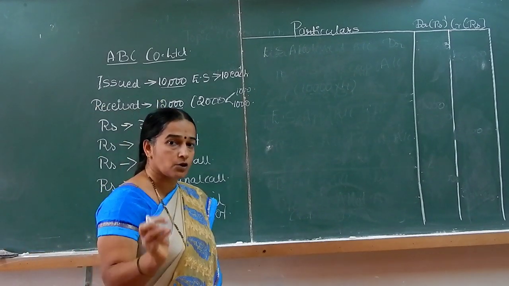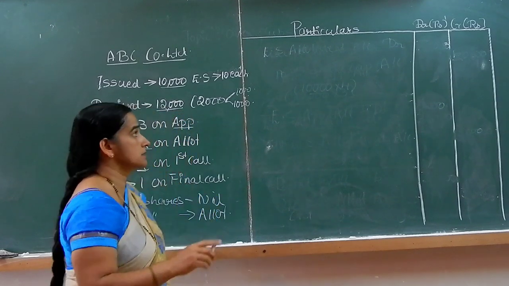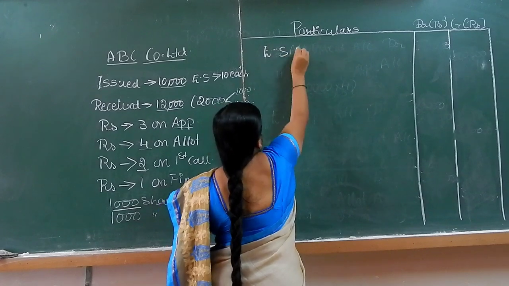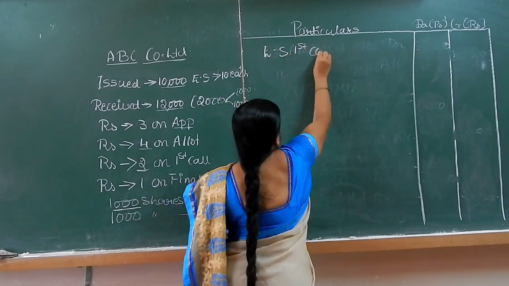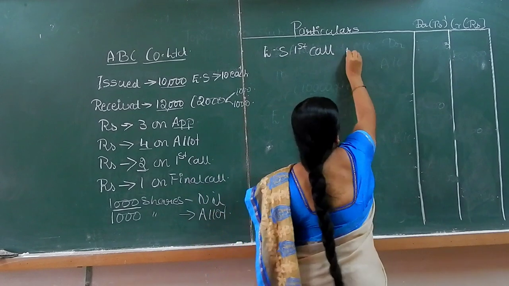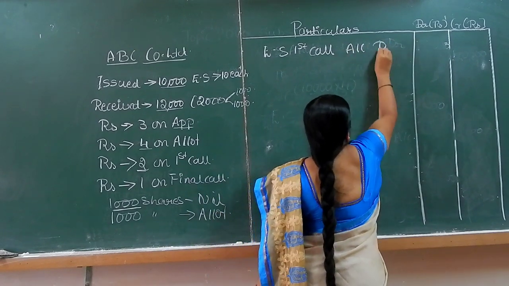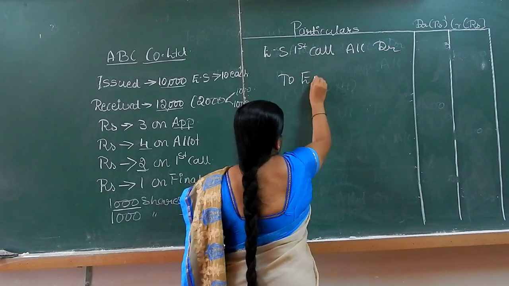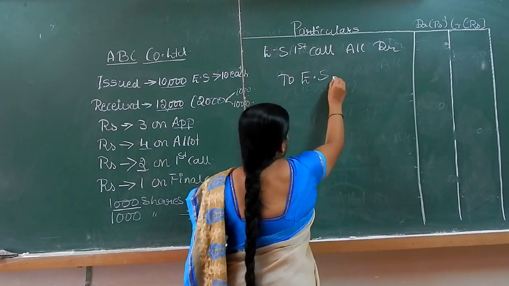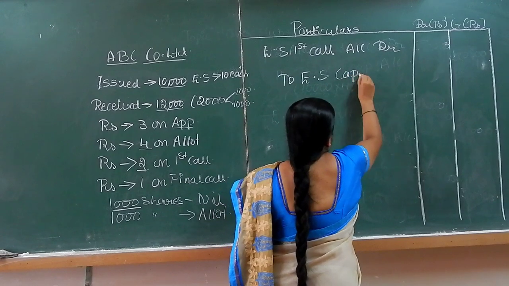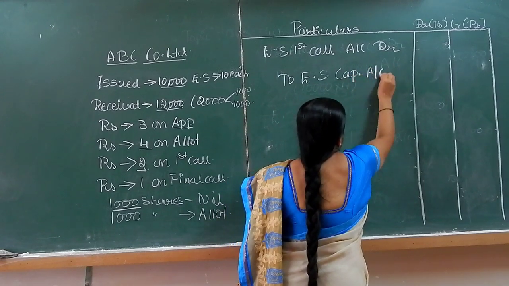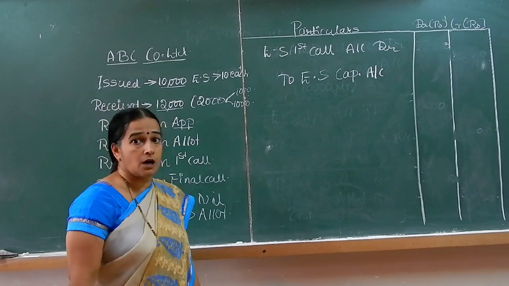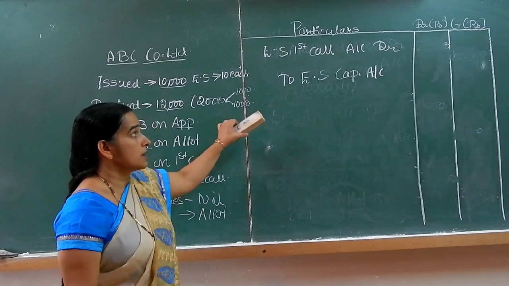When the first call money is due, we have to pass the entry: equity share first call account debtor to equity share capital account.